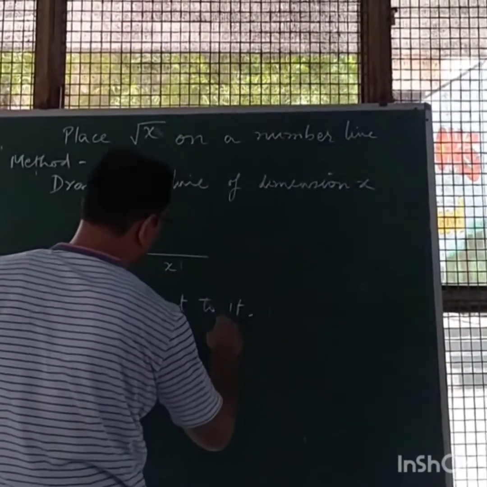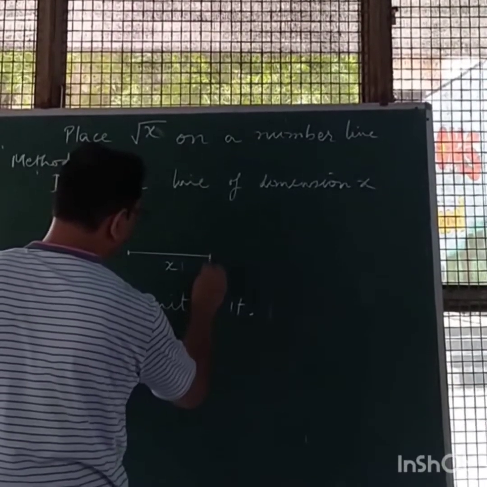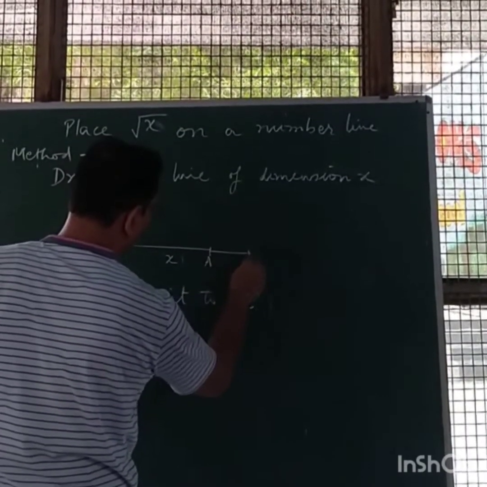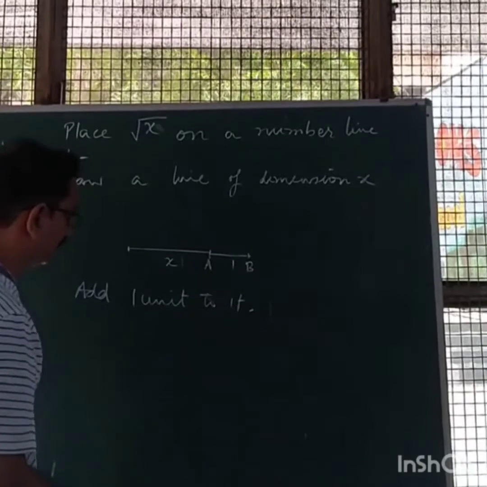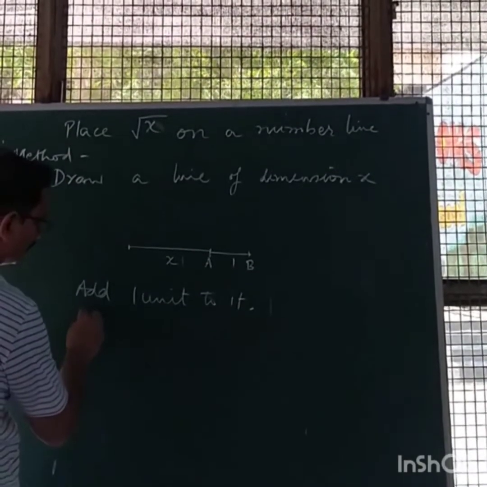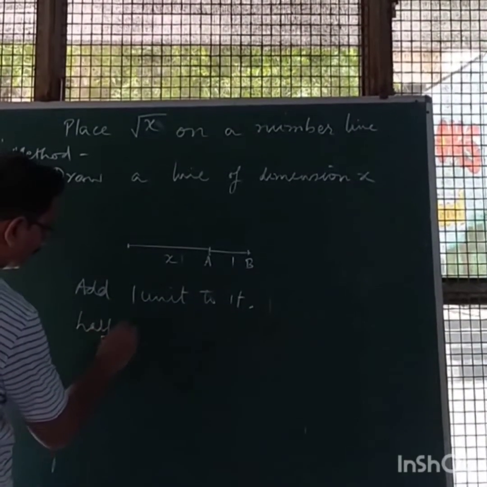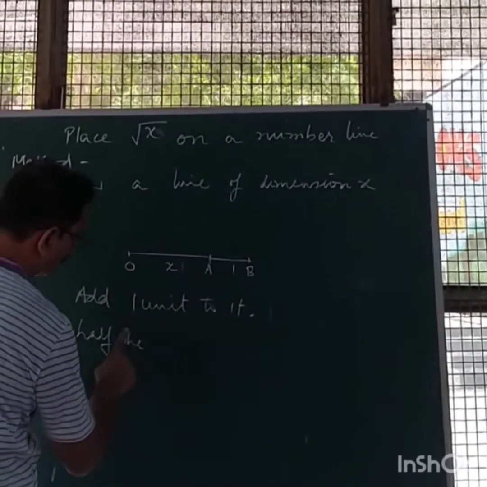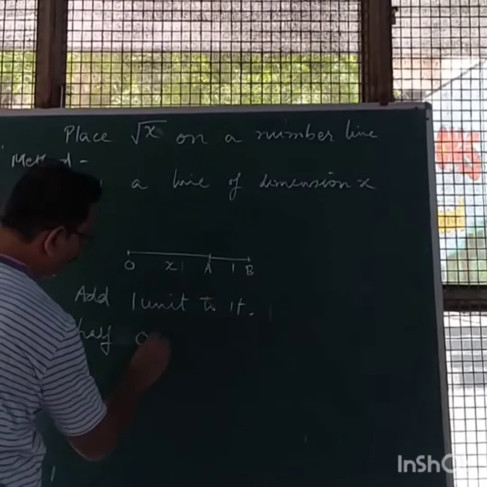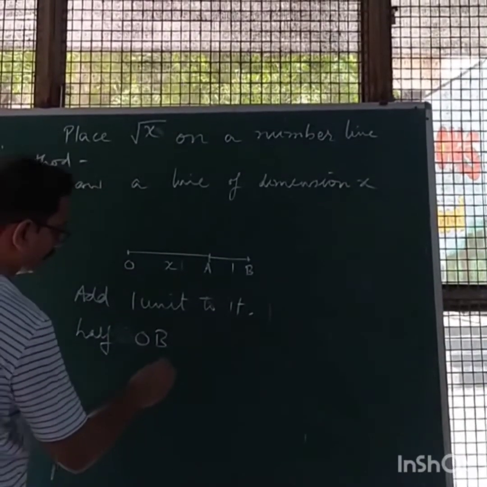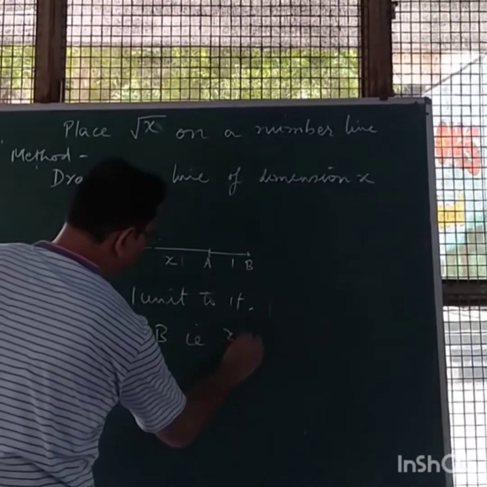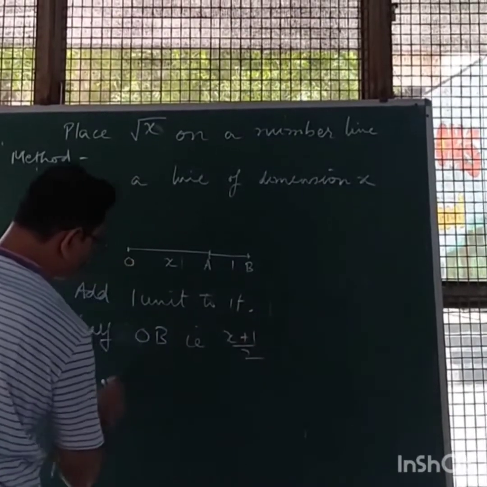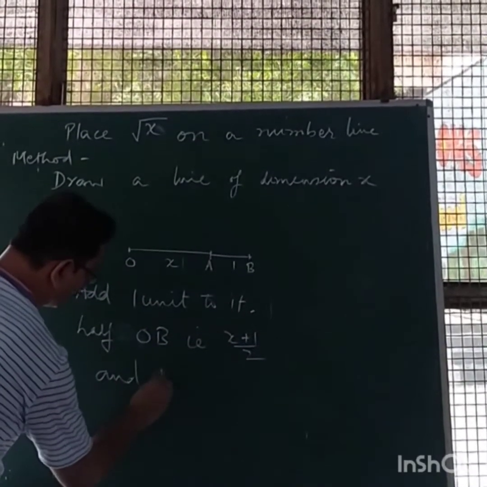Full stop. So from here, this is B, 1 unit. Half of OB, that is x plus 1 by 2, and draw a semicircle.